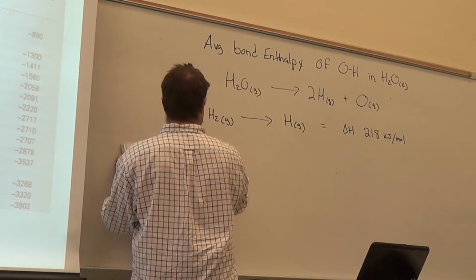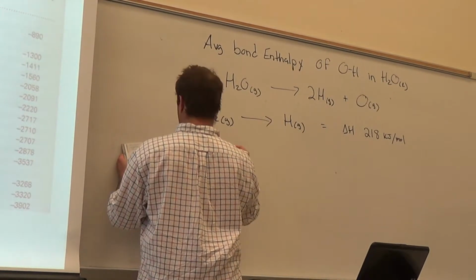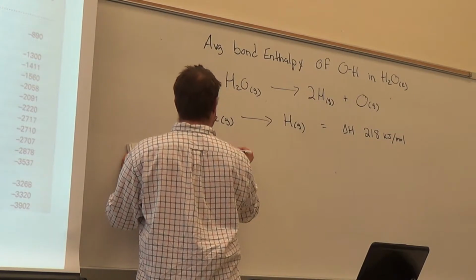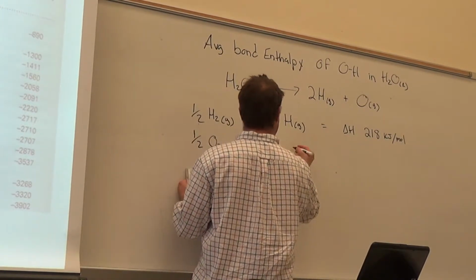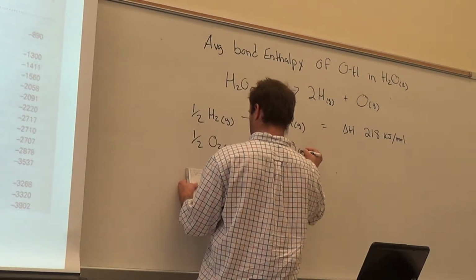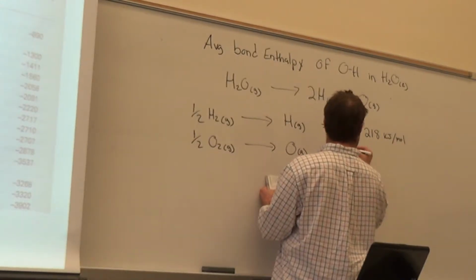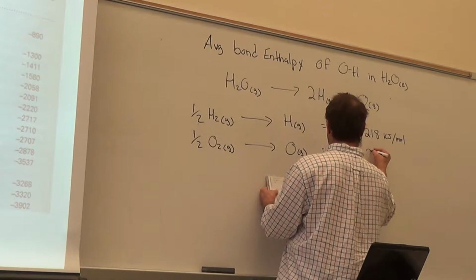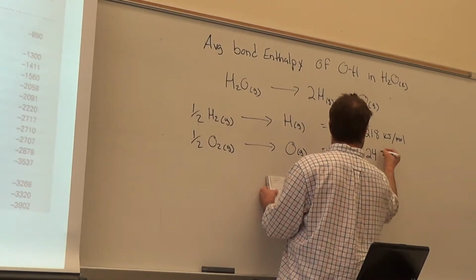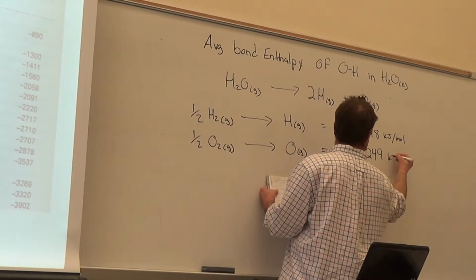If I take 1/2 O2 in the gas phase and I turn it into oxygen in the gas phase, delta H is going to be 249 kilojoules per mole.